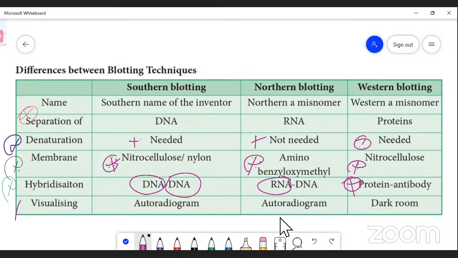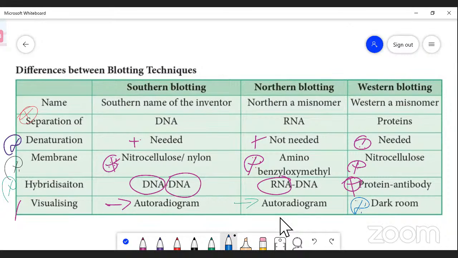Whereas visualizing is made possible by using autoradiograph, or autoradiography, or autoradiogram. In southern blotting, autoradiogram is applied, whereas in northern blotting, the same autoradiography is also applied. Whereas in western blotting, a dark room is essential for detection of proteins.